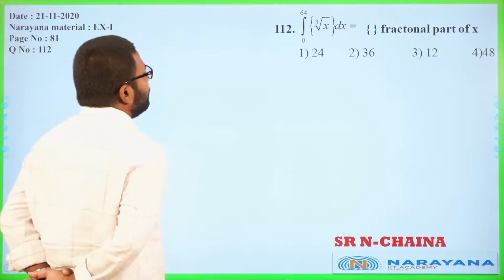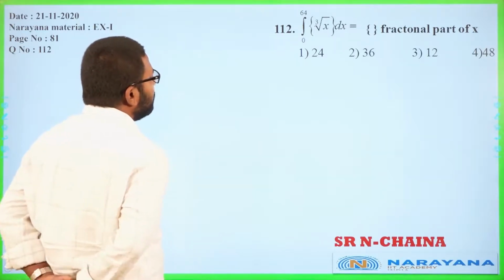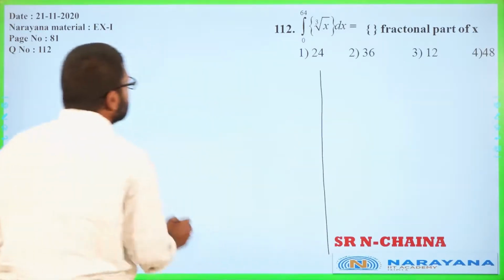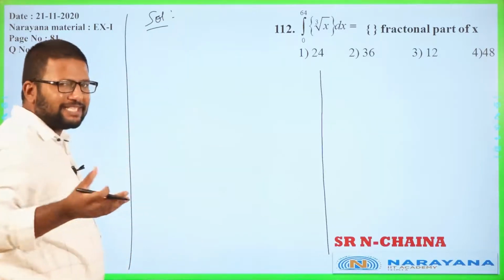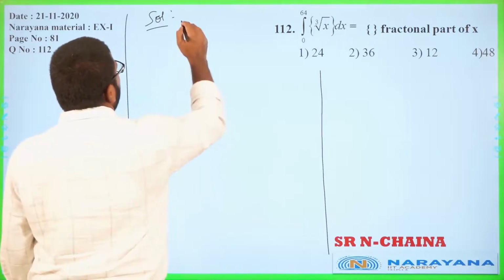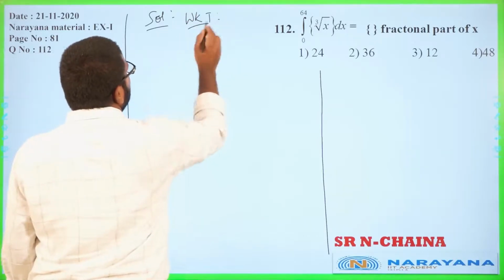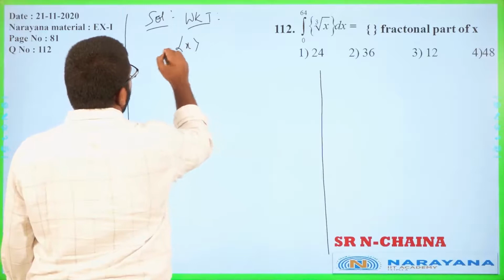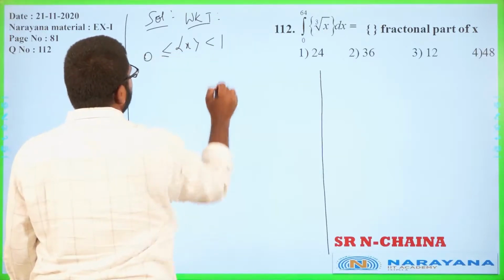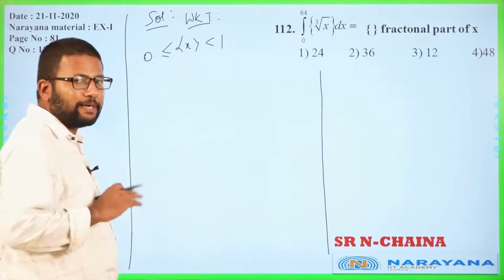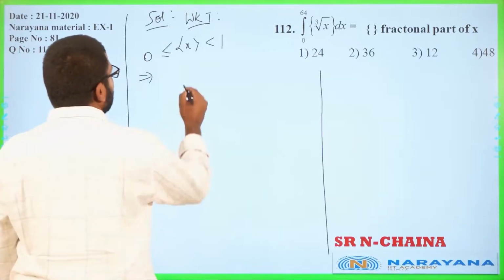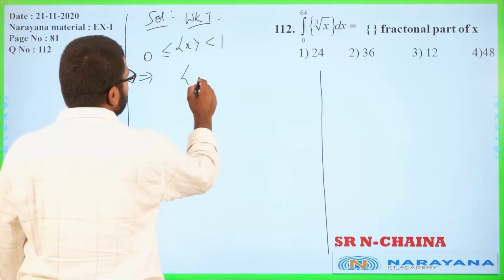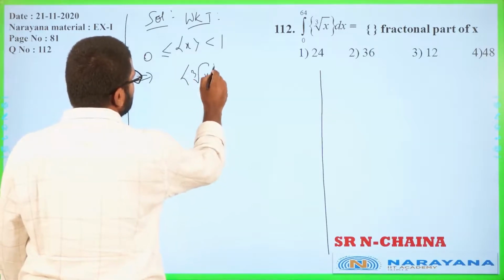Integral 0 to 64 fractional part of cube root of x. Okay, so now we are dealing with fractional part, but the rules are similar. Okay, so we know that fractional part of x must lie between 0 and 1, always, wherever x might lie, which means fractional part of cube root of x.